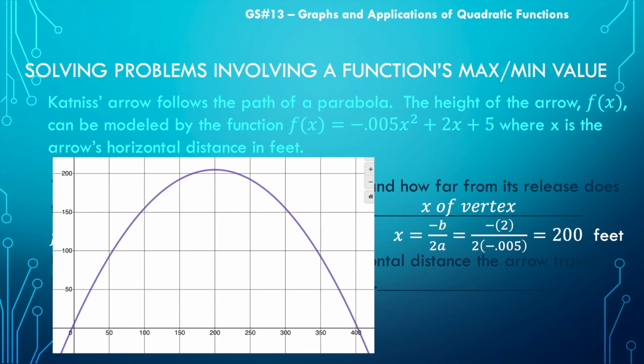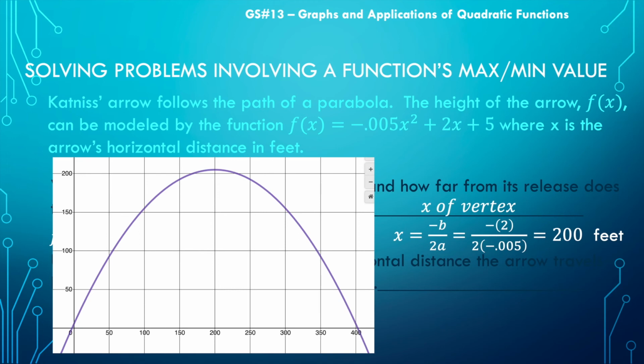What we're looking for is the horizontal distance that the arrow travels, so that's going to be this x-intercept. It's not going to be this x-intercept, because that doesn't really apply here.